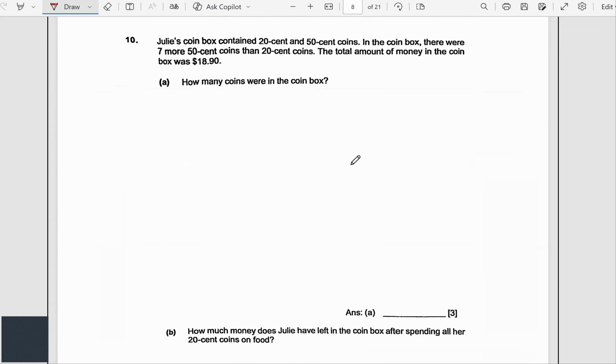Okay, so firstly, quantity, number of coins. What do we know about the number of coins? We know that there's actually 7 more 50-cent coins than 20-cent coins. Okay, so in terms of quantity, 50-cent coins versus 20-cent coins, there is this extra 7.